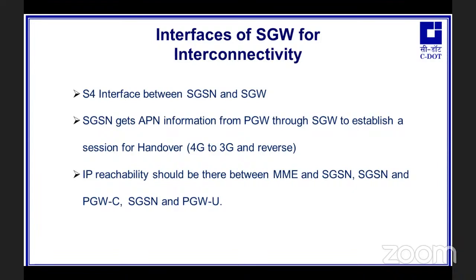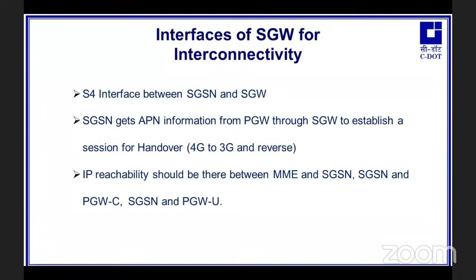The data session will be continued through the SGSN, the RMC and our PGW. So in case of data handover, the user IP, whichever is visible in the phone, will not change. The same session will continue from 4G to 3G. In case of reverse handover, the 3G RMCs will give the trigger to the SGSN, the SGSN will do the same thing, and the session will come to the MME.